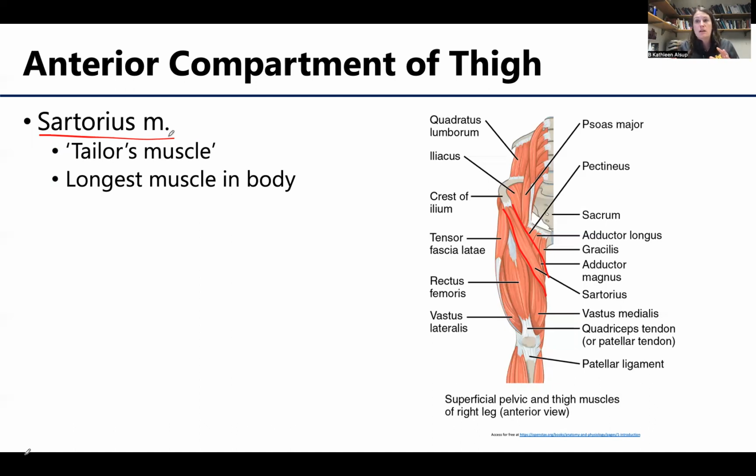Say that the major muscles that play a role in those actions were to become denervated and not functioning, sartorius really can't take it up in order for you to get those powerful movements. It also has the distinction of being the longest muscle of the body. So it's starting way up here on the coxal bone, and then it will have its distal attachment on the tibia.